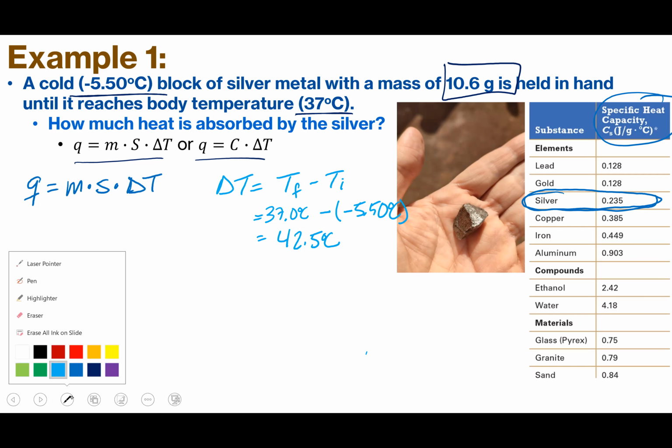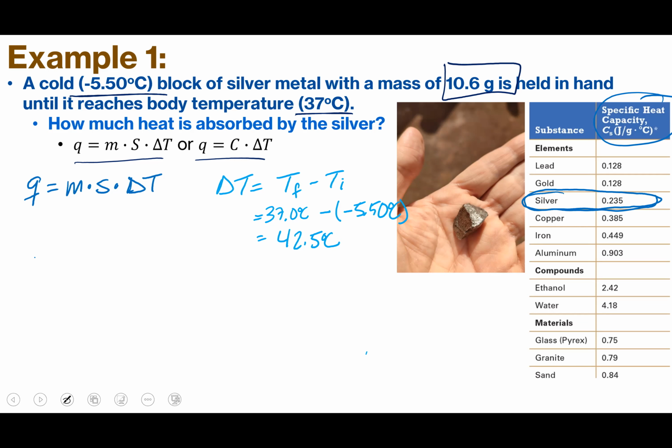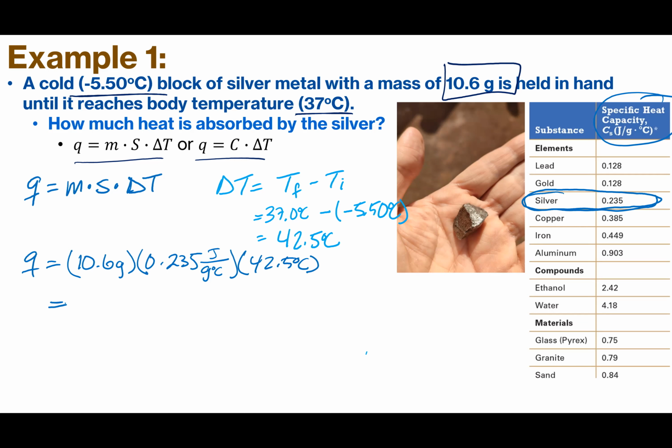Then we can stick our other information into the equation. The heat involved here is the mass of silver, which was 10.6 grams, the specific heat, which is 0.235 joules over grams times degrees C, and our delta T was 42.5 Celsius. So now we're just multiplying those three things.